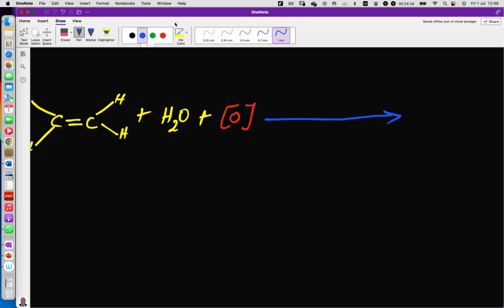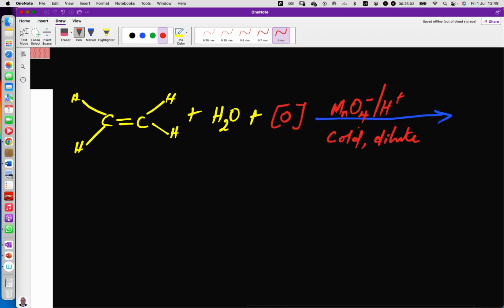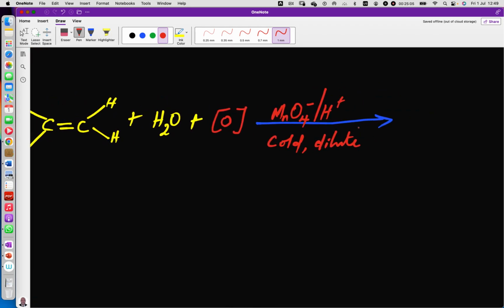This is acidified manganate 7, which is cold dilute, and the product that we are going to have is a diol.